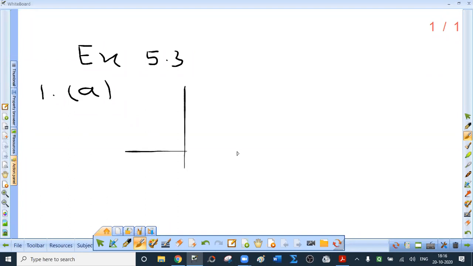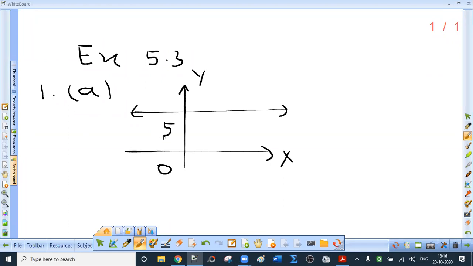Okay, so if possible, draw the rough sketch. Now, equation of any line parallel to x-axis is of which type? Y equal to constant, but the line is above x-axis. So I say y equal to 5. Line is y equal to 5.